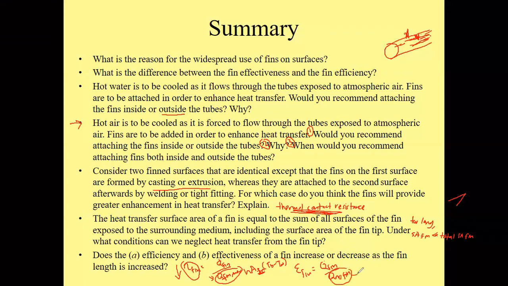So this is only h times the area of the base only, times (T base minus T surrounding). So if you increase the fin length, this will not change, but this will change. Okay, so this will increase.